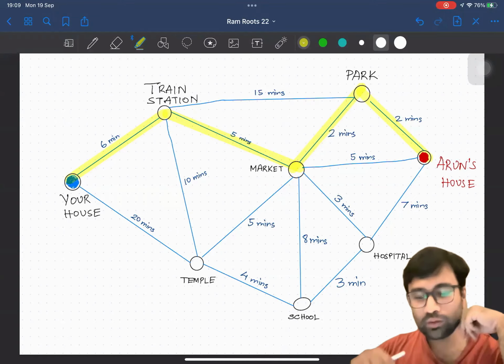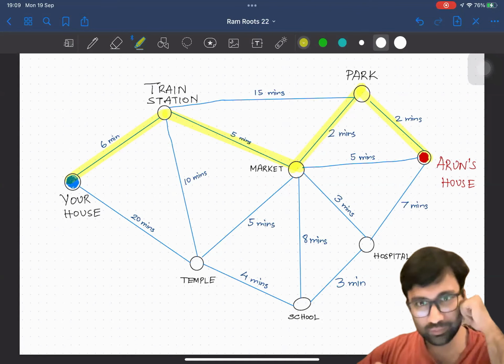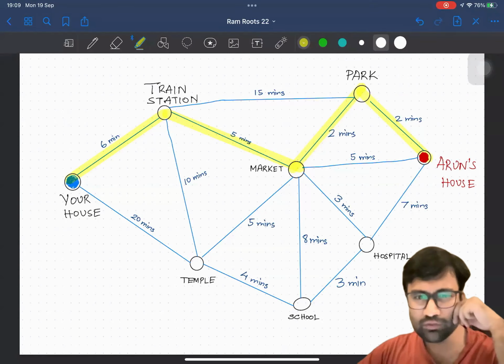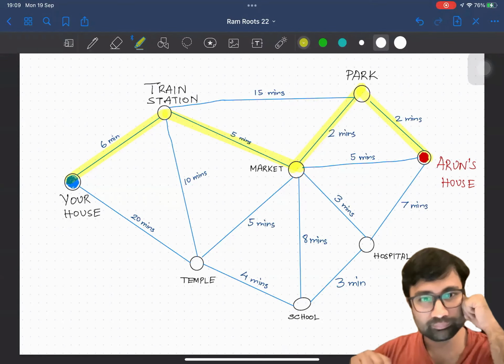Right. But how do you know this is the fastest route? Do you think there is an even faster way of going there? I don't think so. Okay. So how would you argue this?